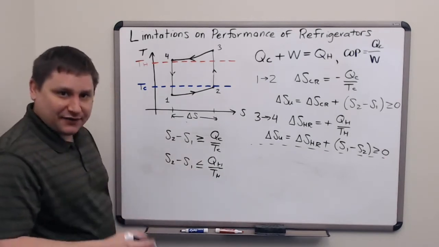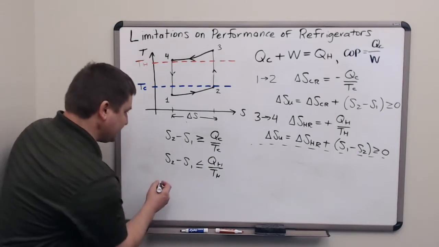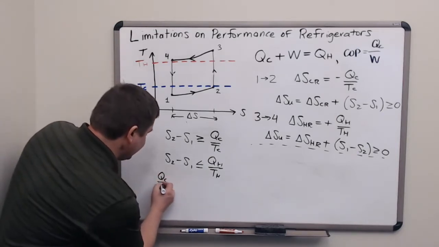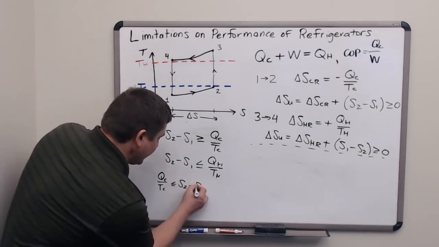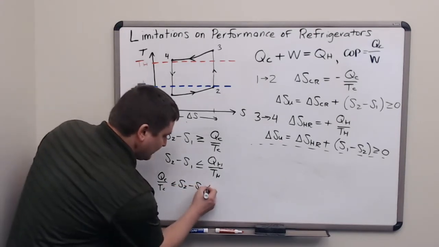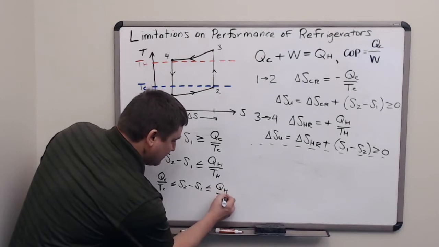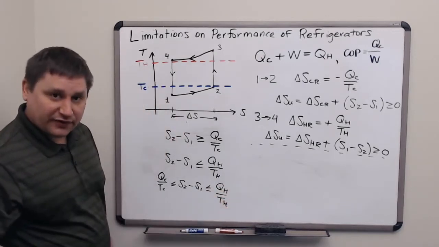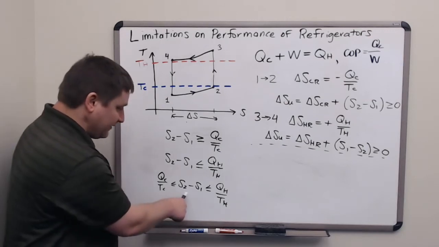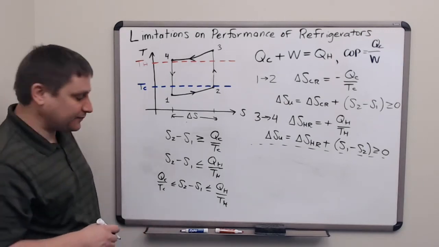So now we have another sandwich situation here, where QC over TC must be less than the entropy width of the cycle, which also must be less than QH over TH. So only in the case of the Carnot refrigeration cycle would all three of these things be equal.